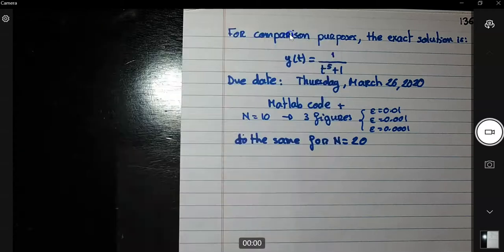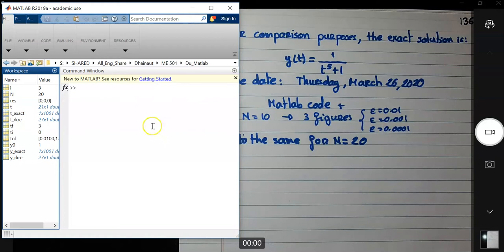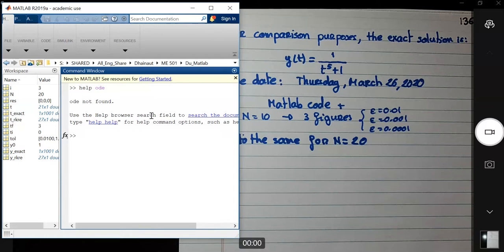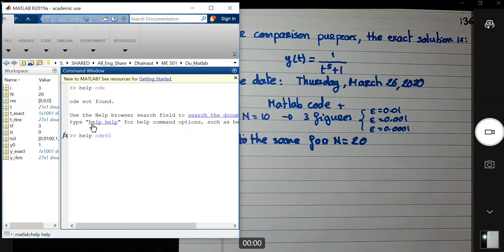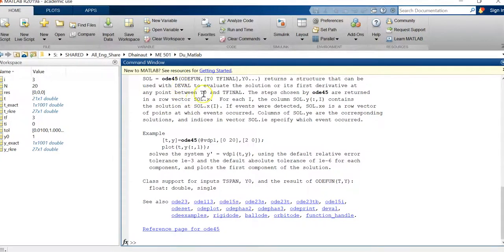So we have this. If you go here actually to MATLAB and type help ODE45, you see it will take you to a document over here, which basically is the same thing.